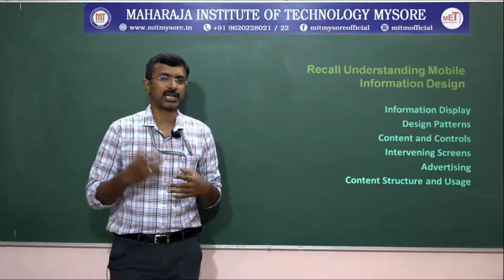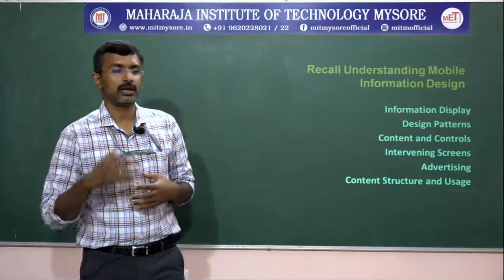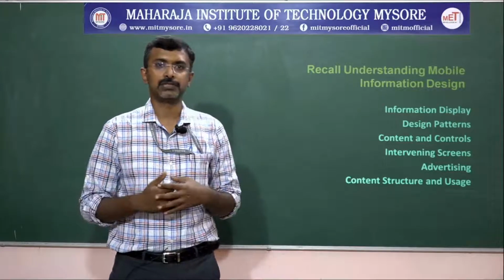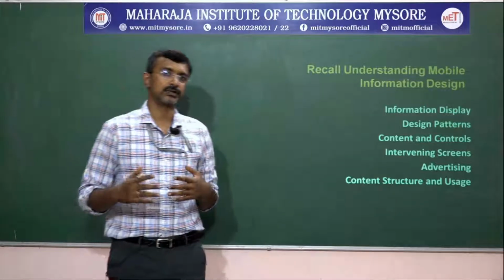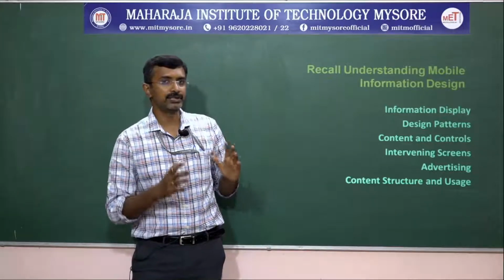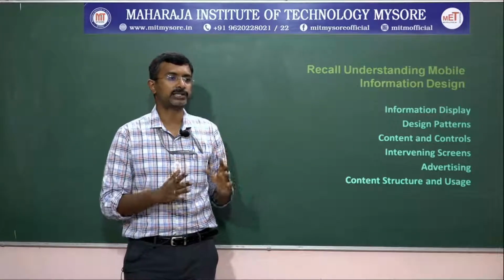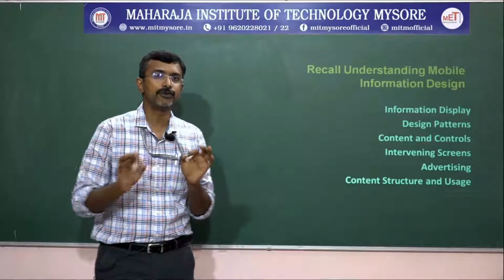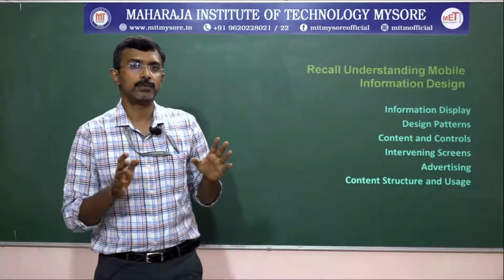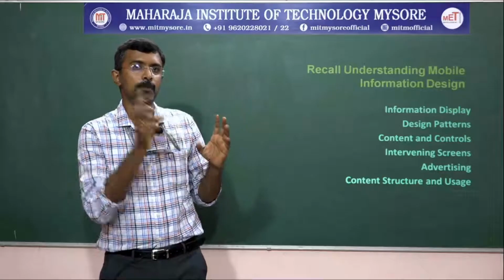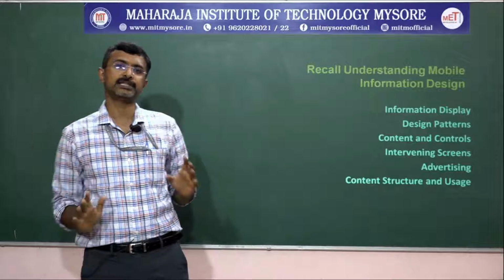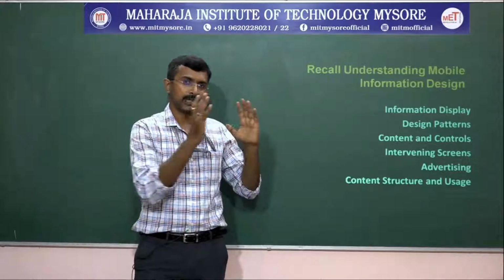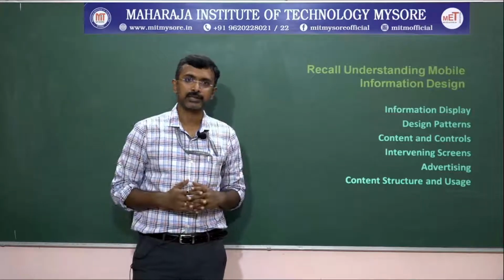With the fonts, the typography, the plain English, the small text. Which means the overall previous lecture was completely towards understanding mobile information design, how better we can design and represent information in a UI. This was the complete attention we gave in the previous class.